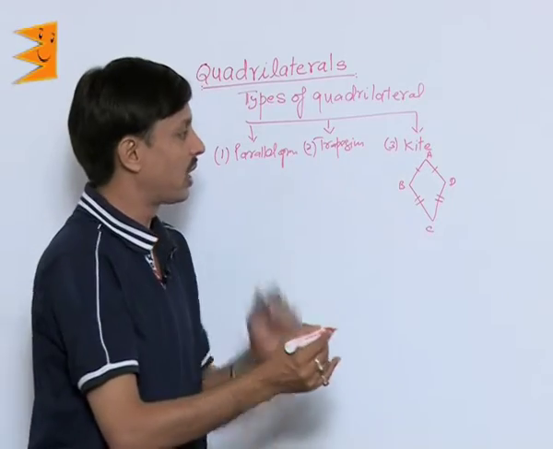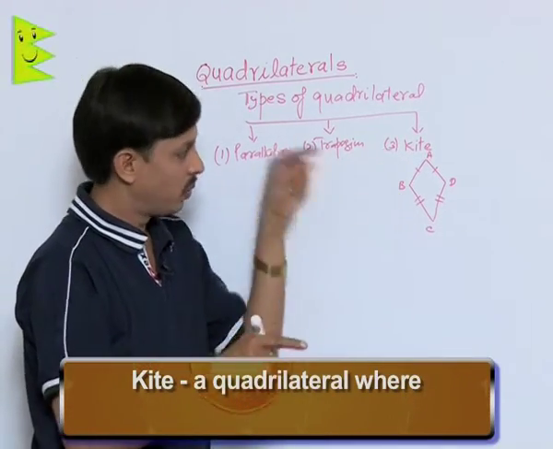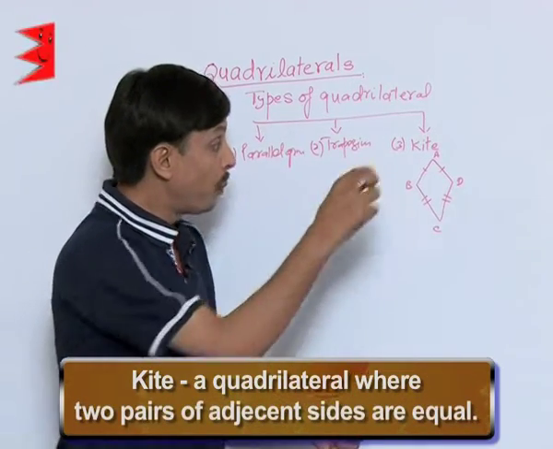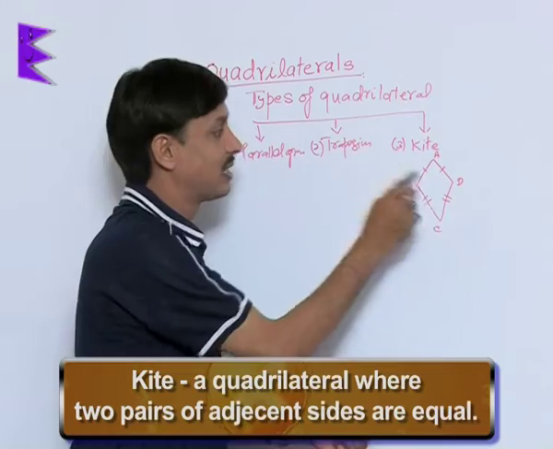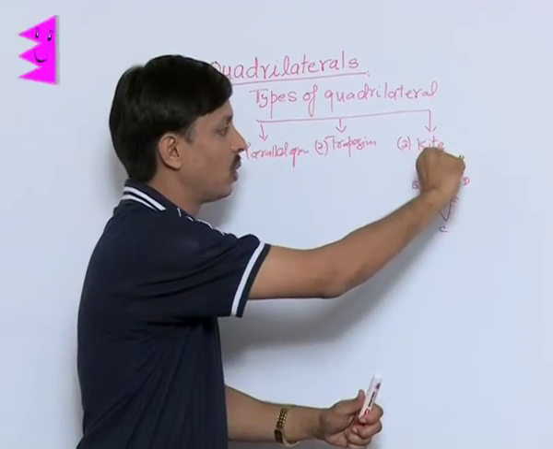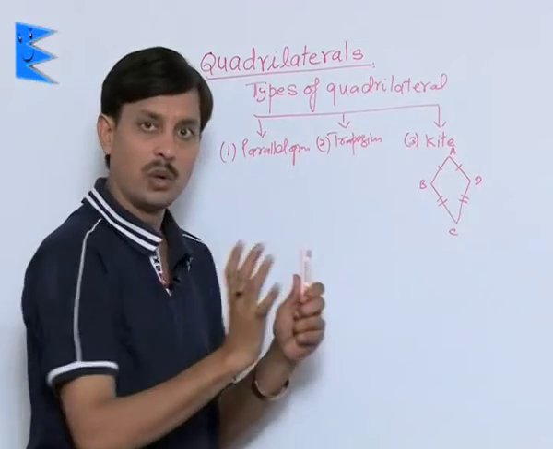That is what the kite is. Kite is that type of quadrilateral in which two pairs of adjacent sides are equal. Separately, length of AB is equal to AD and separately CB is equal to CD.